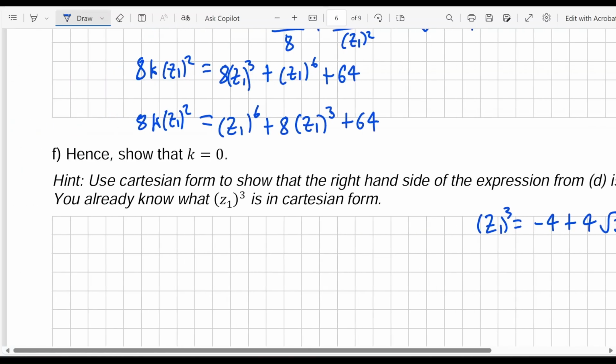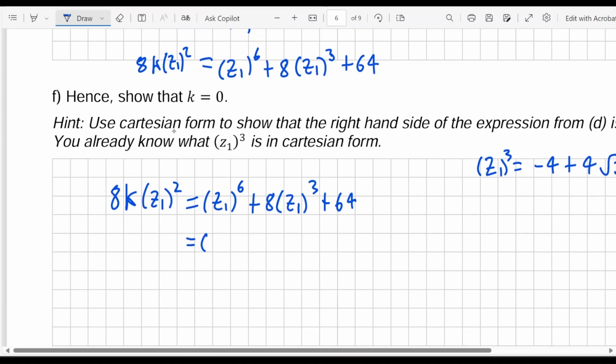Okay. So, 8k z1 squared is, we'll just start off from here, z1 to the 6 plus 8 lots of z1 cubed plus 64. z1 to the 6 is going to be z1 cubed squared.